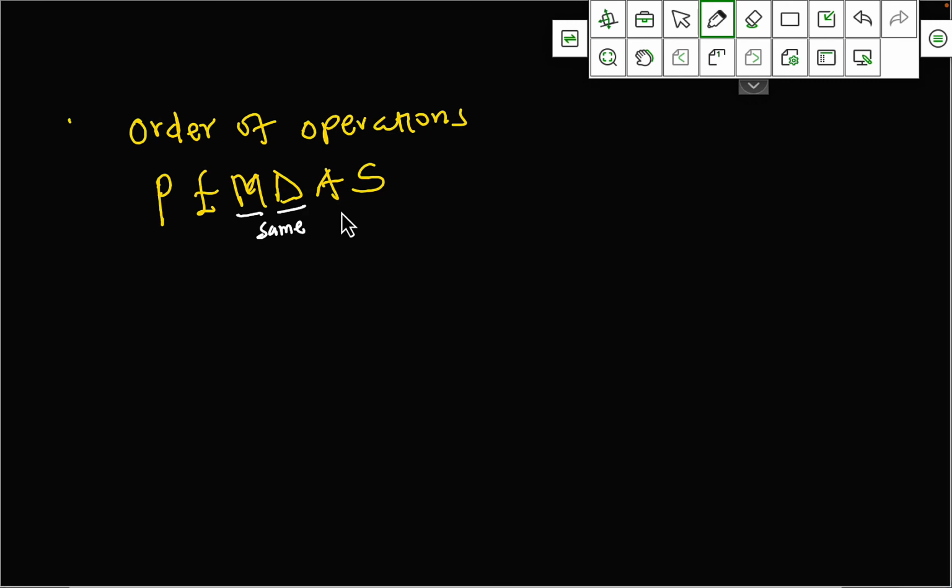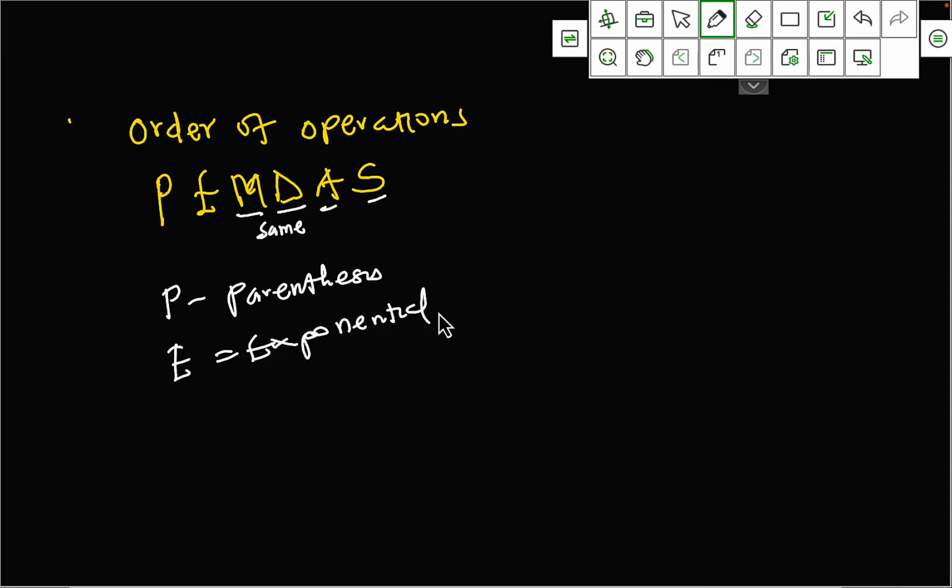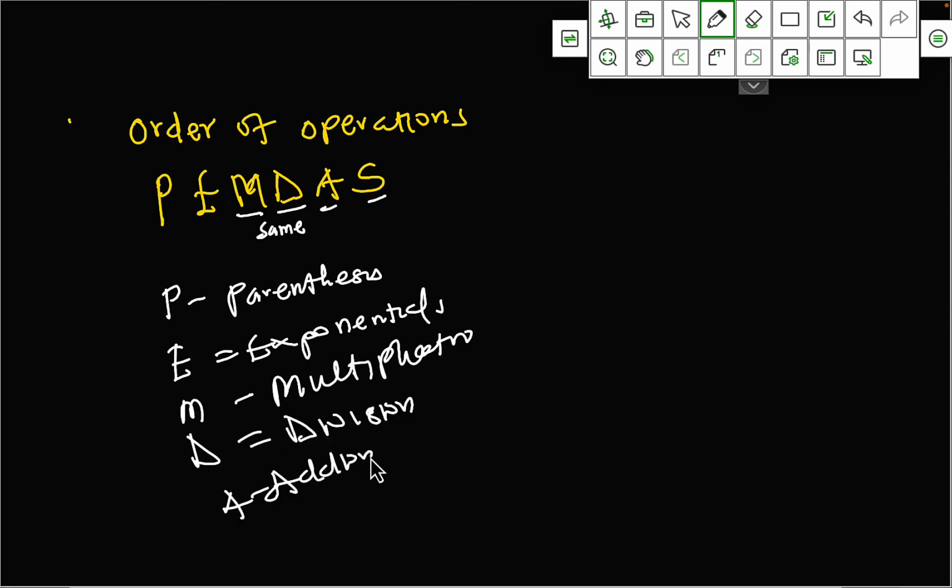So when you have multiplication and division occurring at the same time, you solve from left to right. The one that comes first is solved first, and the same thing happens with addition and subtraction. P is for parentheses, E is for exponentiation, M is for multiplication, D is for division, A is addition, and S is subtraction.